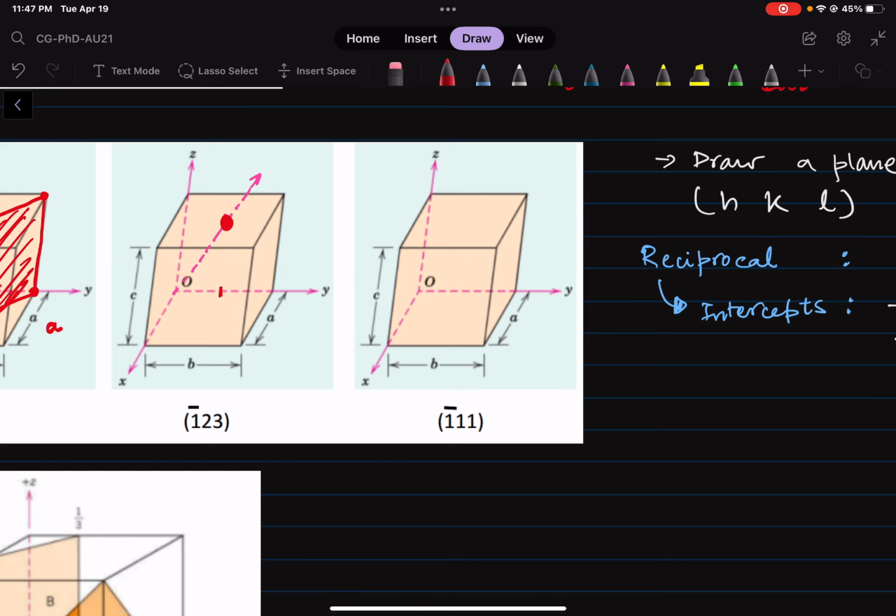The z will be somewhere over here. So your plane will just be this. Again, remember, this will be half, this will be 1/3, and this will be 1. So this will become your plane.